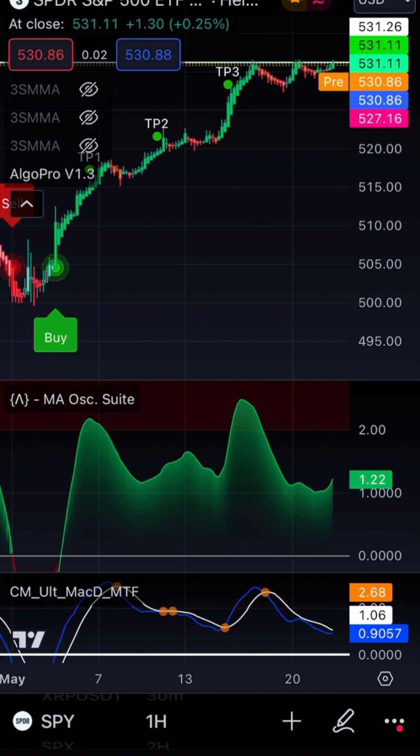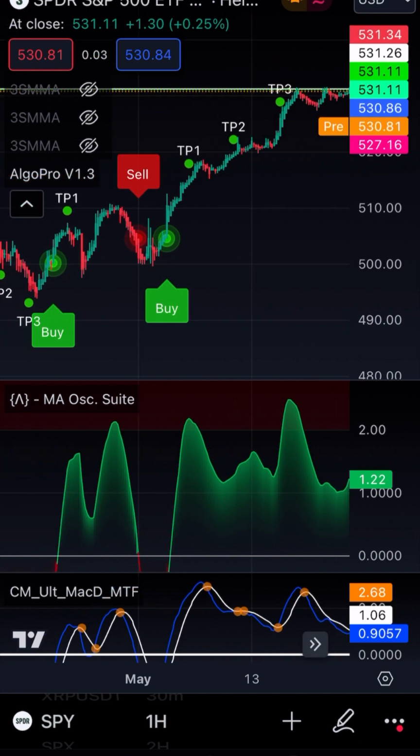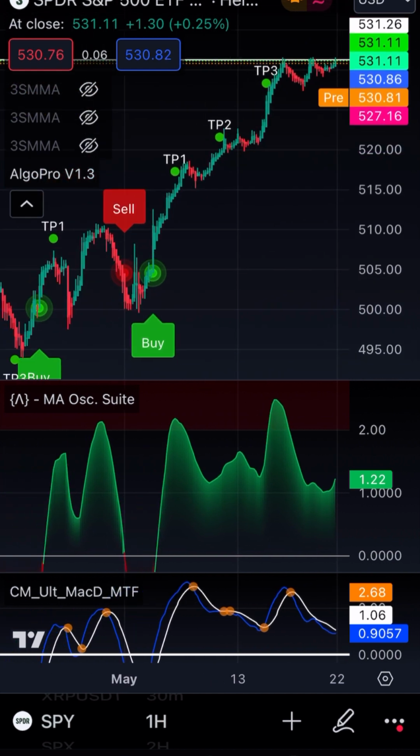Their algorithm is supposed to help your chances with options and trading in general. So let's look at this real quick and see if, going by their new update, it's pretty accurate.